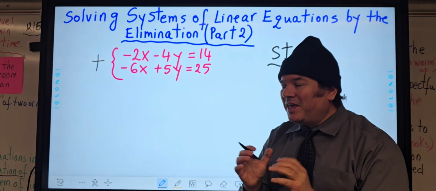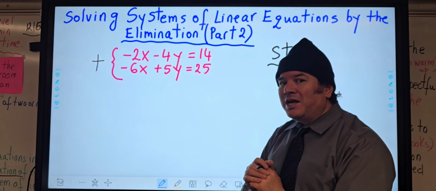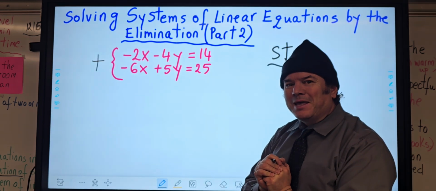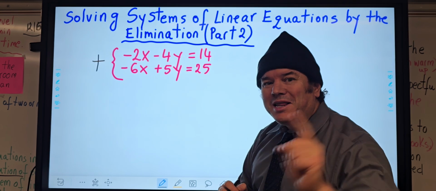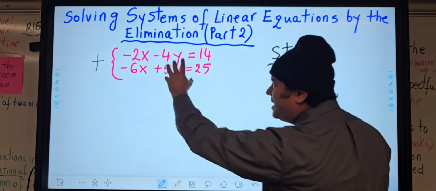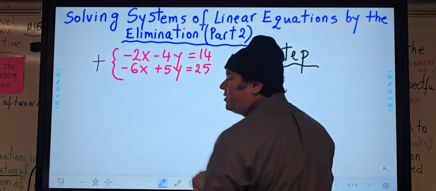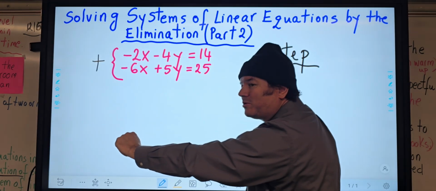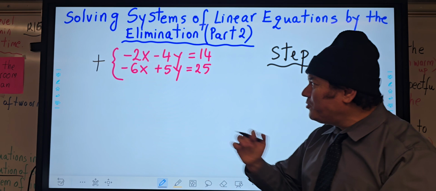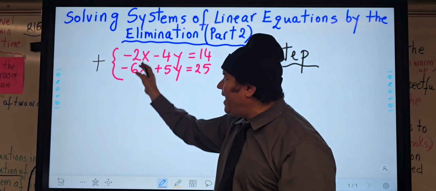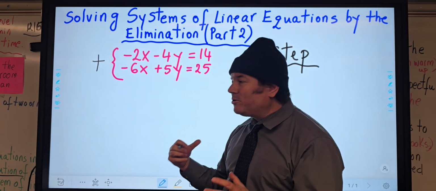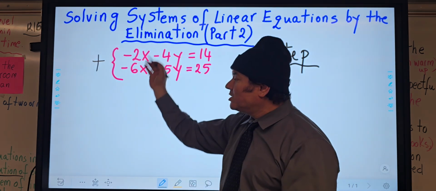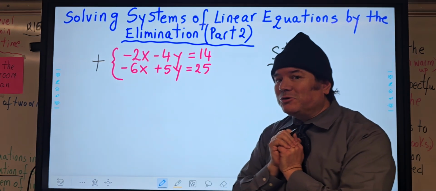So we need to do something to either one of these equations in order to cancel the x and the y. The key word is manipulate. We are going to manipulate either one of those two equations. What do you think we could do to negative 2x to get it close enough to the opposite of negative 6x, so we can cancel the negative 6x on the bottom?